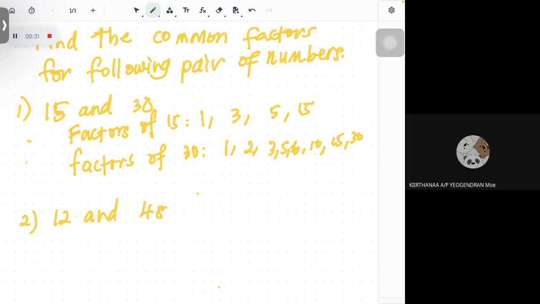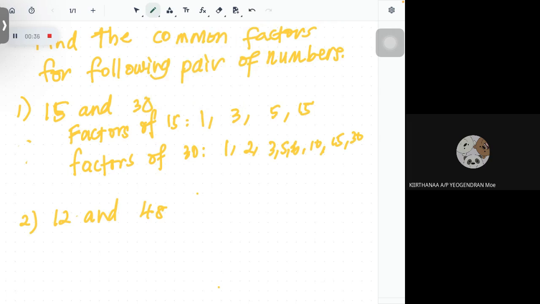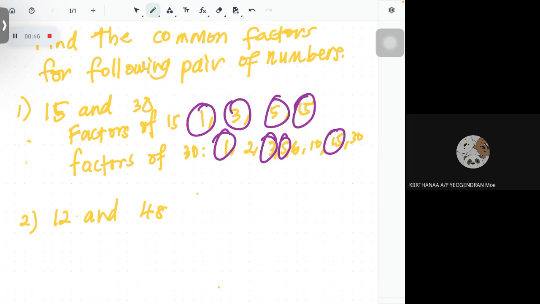Okay, the common factors are 1, and then 3, and then 5, and then 15.